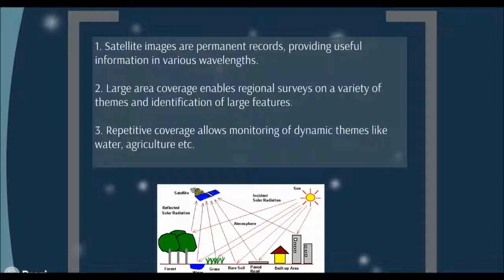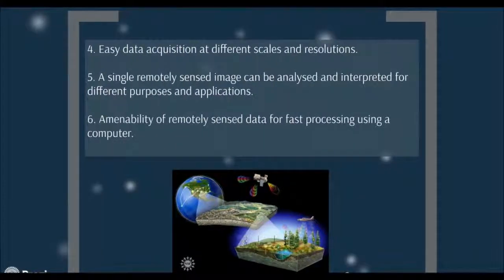The third is repetitive coverage allows monitoring of dynamic themes like water, agriculture, and so on. Also, the fourth advantage is easy data acquisition at different scales and resolutions. Fifth is a single remotely sensed image can be analyzed and interpreted for different purposes and applications.